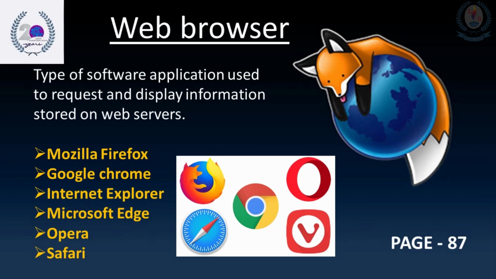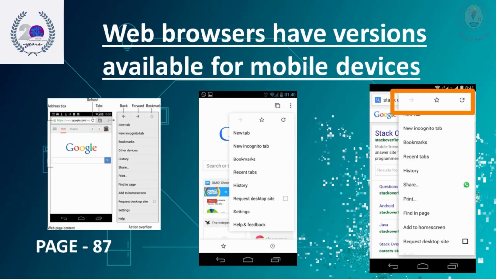Some examples of web browsers are Mozilla Firefox, Google Chrome, Internet Explorer, Microsoft Edge, Opera and Safari. When a user requests a web page from a particular website, the web browser retrieves the necessary content from a web server and then displays the page on the web browser. Web browsers have versions available for mobile devices.